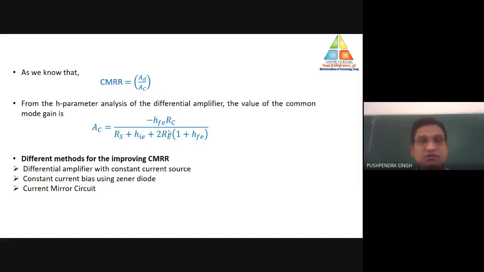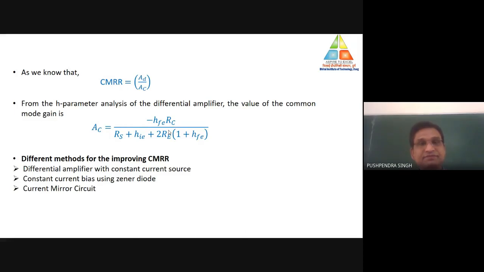We are not able to increase the value of RE up to a certain limit. Why? Because as we increase the value of RE, the total chip area will be increased. And if chip area is increased, the cost of the circuit will be high and the circuit would be impracticable.